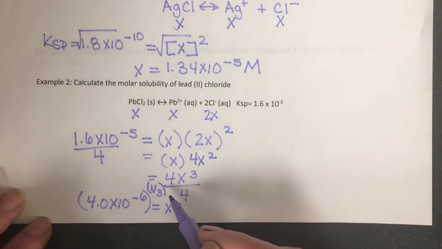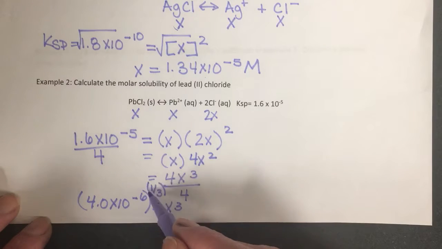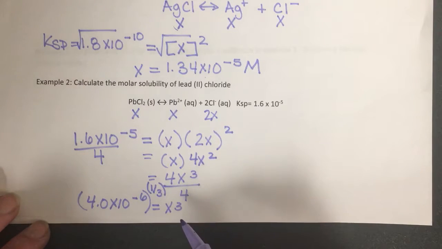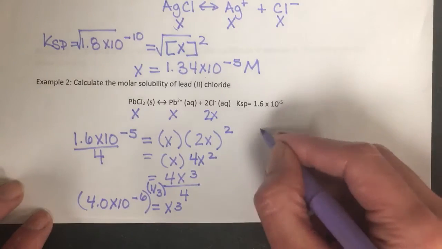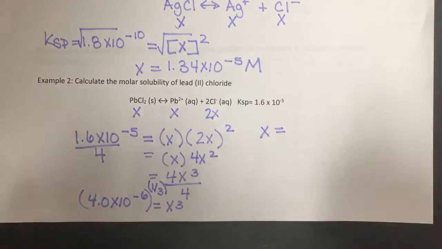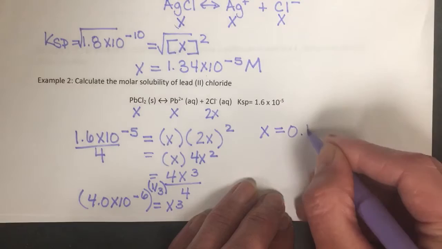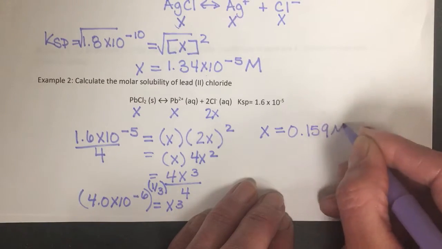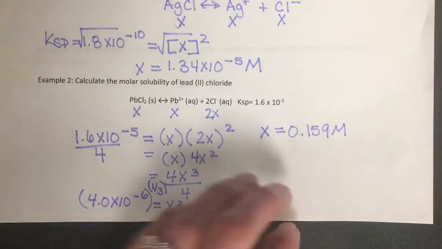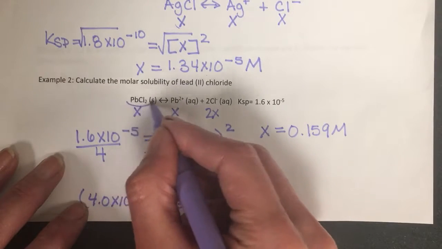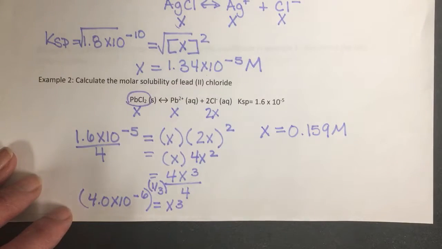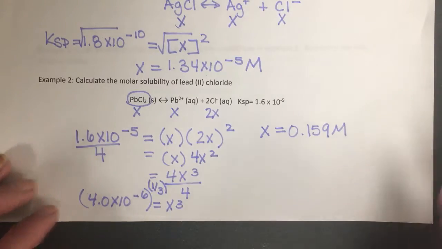If I was taking the cube root, it's 1/3. If I needed to take the fourth root, 1/4, if this is 4, 1/5 if this is 5, okay? So x is going to be equal to 0.159 moles per liter. So I know 0.159 moles per liter of PbCl2 can dissolve in water. Okay, that's its molar solubility.